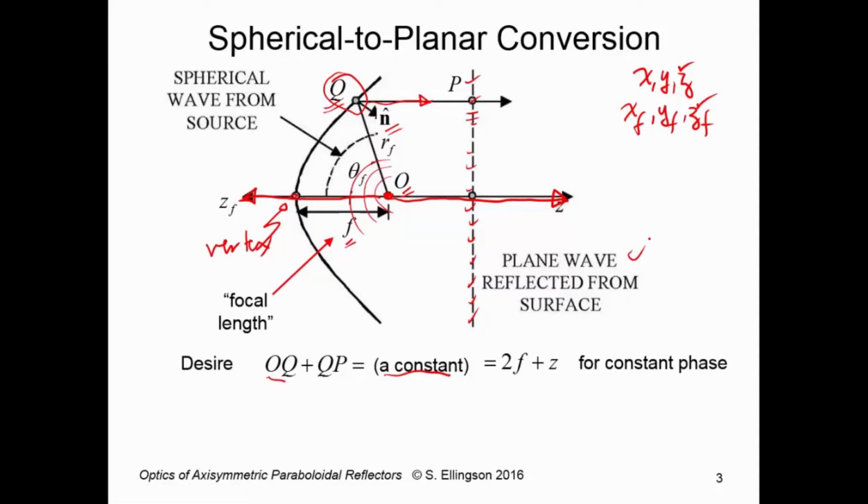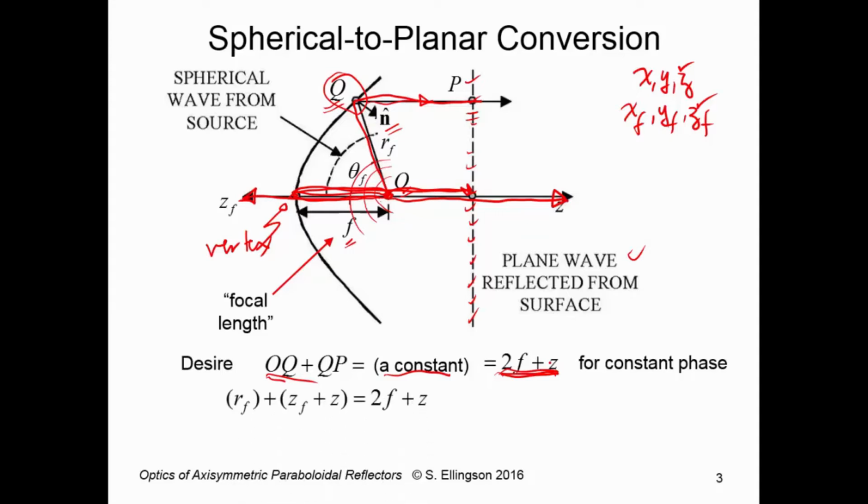So we can see that this requires that this length be 2f plus z. For example, the distance from here to here is f, back is f, and then to here is z. So as I've drawn here, that path is 2f plus z. So if I want constant phase, every other possible path, such as this one, should also be 2f plus z.